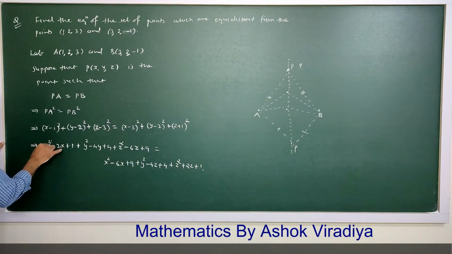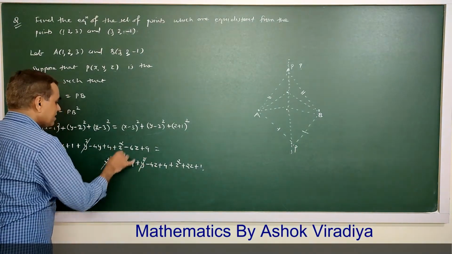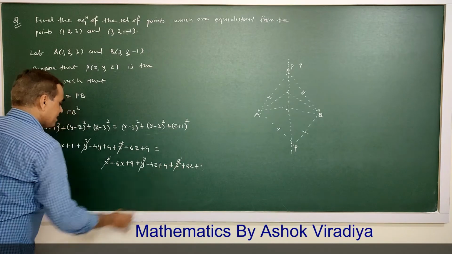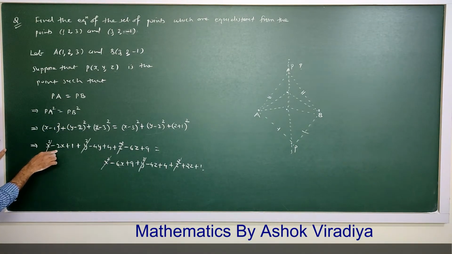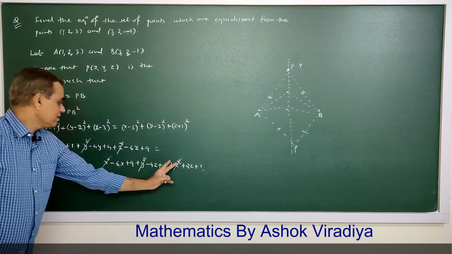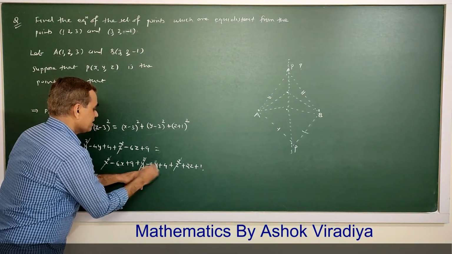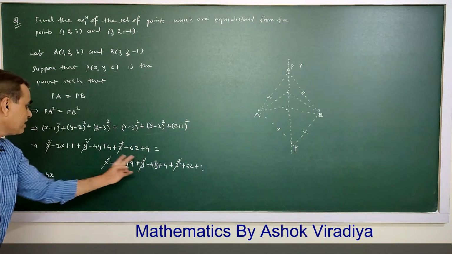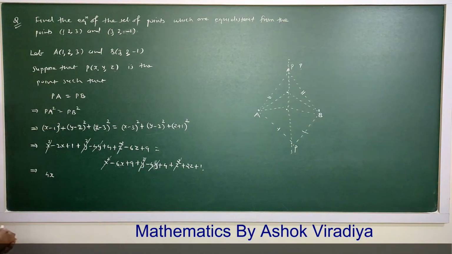Simplifying this, x square is cancelled, y square is cancelled, z square is cancelled. So minus 6x take on this side, 6x minus 2x is 4x. Then minus 4y take on this side, so minus 4y is cancelled.